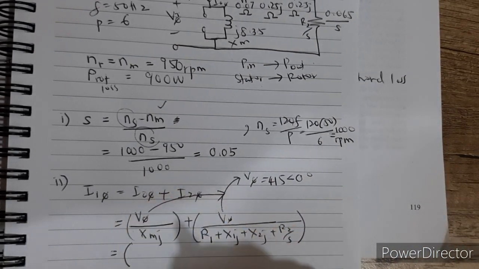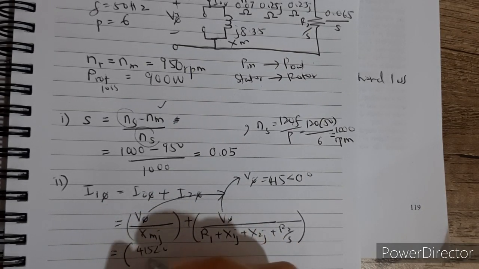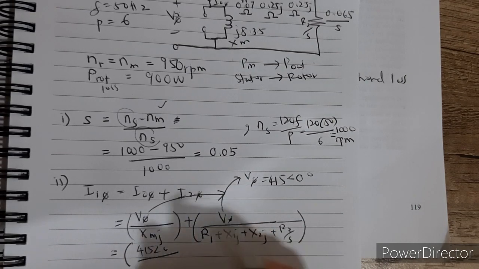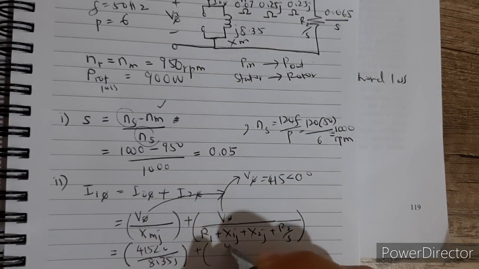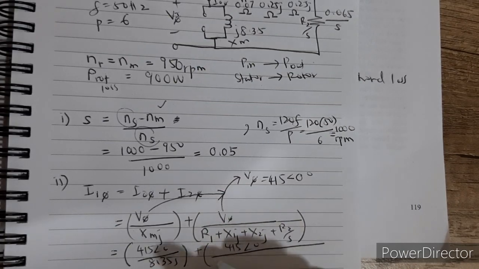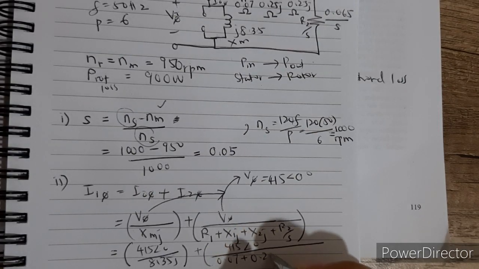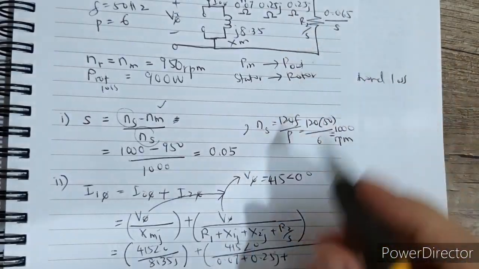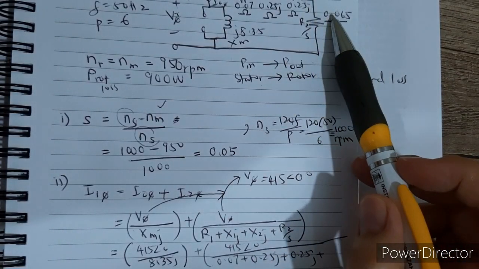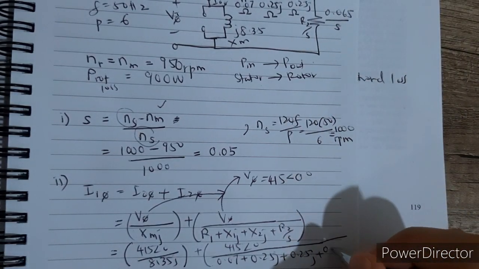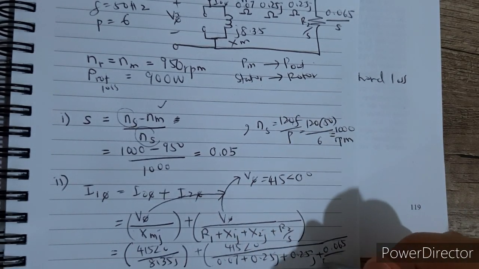So we have here 415 at angle of 0 divided by XMJ, which is 8.35J, plus 415 angle 0 divided by R1, which is 0.07 plus 0.25J plus 0.25J plus 0.065 over S, from the previous question 0.05.